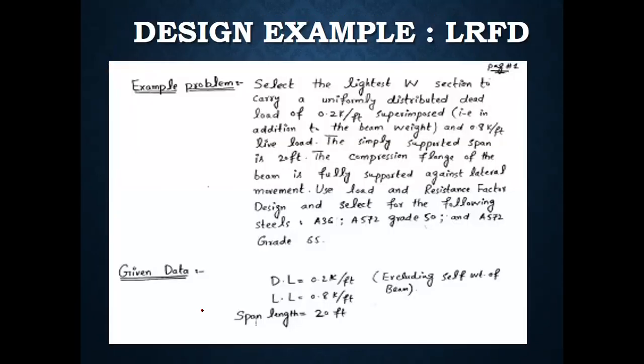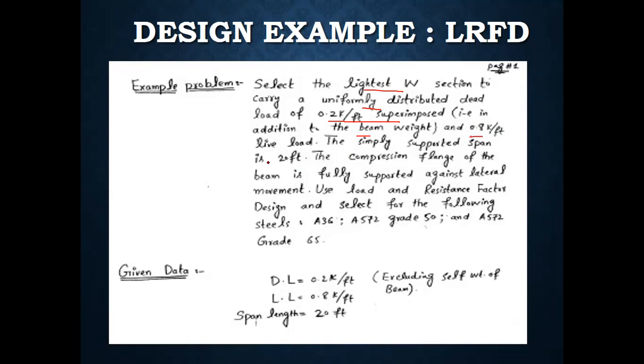Now, coming towards the design of steel beams, as you have understood all the terminologies and theories involved, let's have an example problem where we are supposed to select the lightest W section to carry a superimposed uniformly distributed dead load of 0.2 kips per foot, which means this load is additional to the self weight of the beam, and also a live load of 0.8 kips per foot.